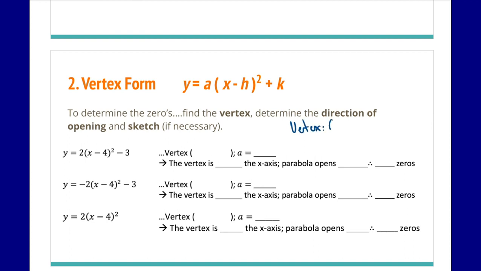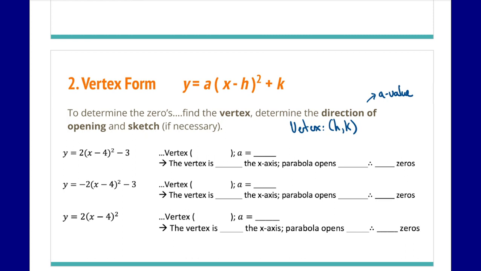And we want to know the direction of the opening. This comes from our a value. If it's positive, it opens up. If it's negative, it opens down. And from there, we can picture what it's going to look like and then determine whether we're going to have 1, 2, or 0 solutions, zeros, or x-intercepts.